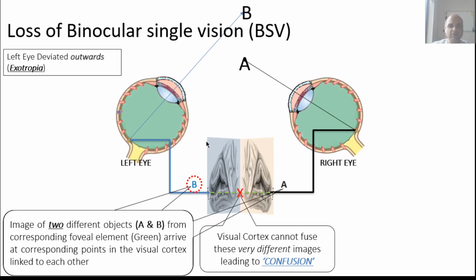So right now your visual cortex is confused. Hey, I want my person to look at A, but I'm not getting A from both eyes.